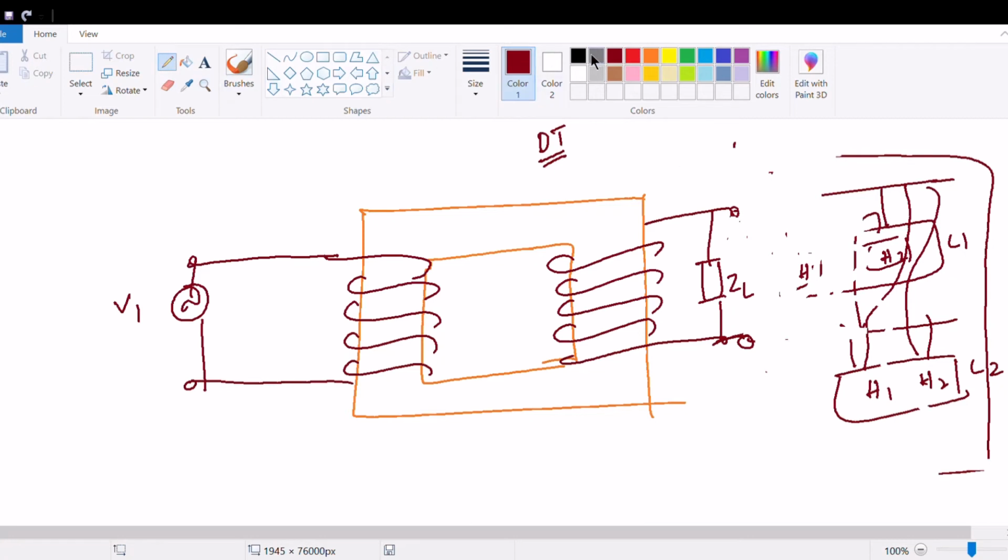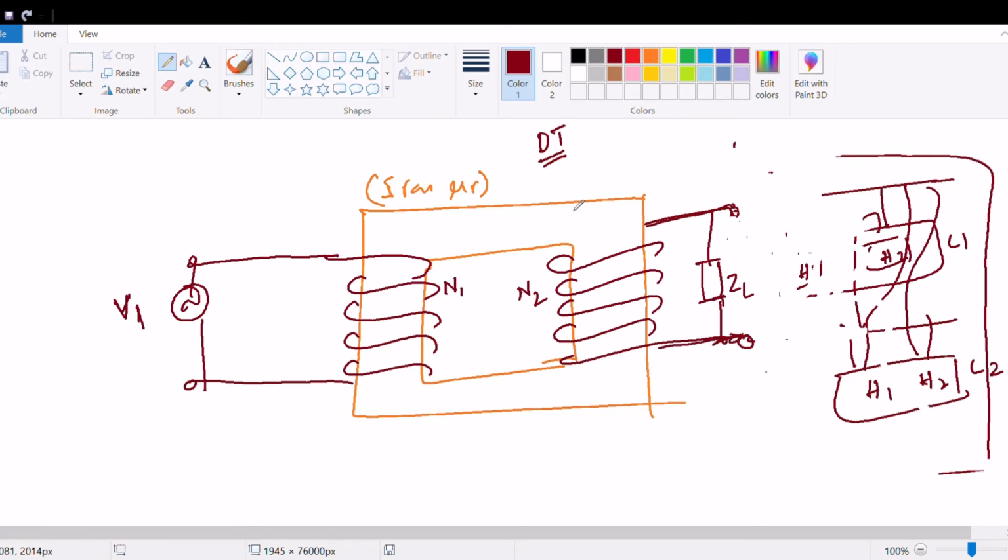Let's continue. We have a voltage source V1 connected to a winding of N1 turns, wound on an iron core. This is the iron core of permeability mu r, and on the other side another winding is wound. It has N2 turns, and the two ends of the winding are connected to the load.